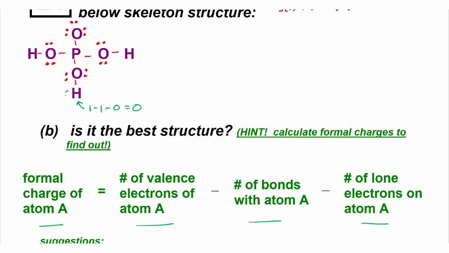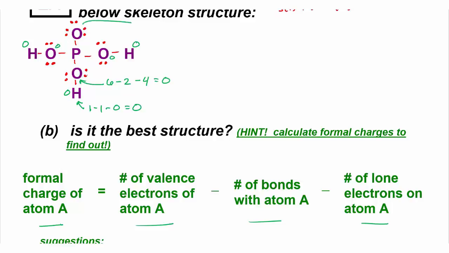So all these hydrogens with just 1 bond has a formal charge of 0. That looks great. Let's check out this oxygen. We have 6 valence minus 2 bonds minus 4 lone electrons, 0. Looks great. So all of these are 0 too.